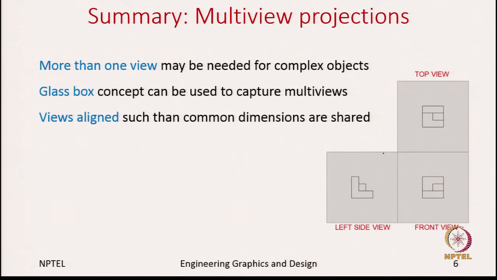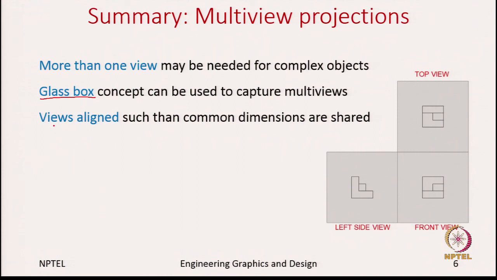And then we said, let us pick these 6 standard views which are in line with the 3D coordinate systems. So, one way to capture that is to use this concept of glass box, where you place the object in this glass box and then capture all the 6 views.